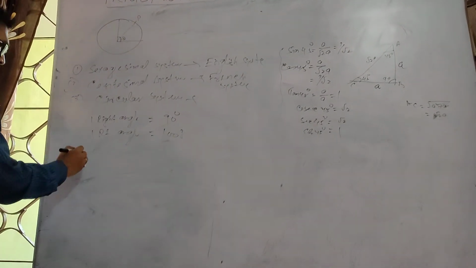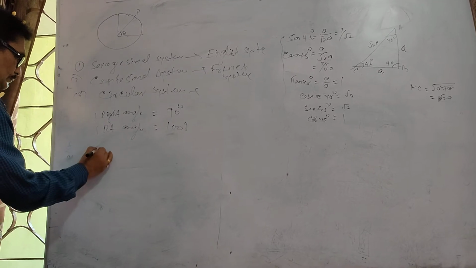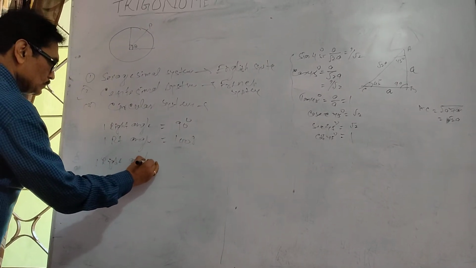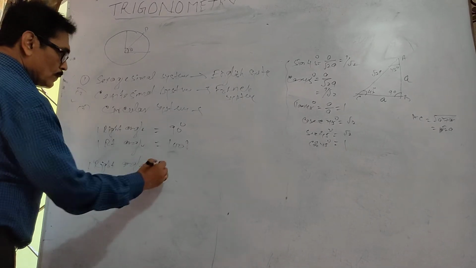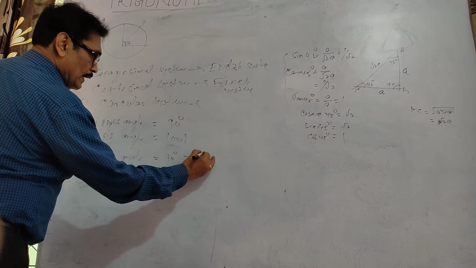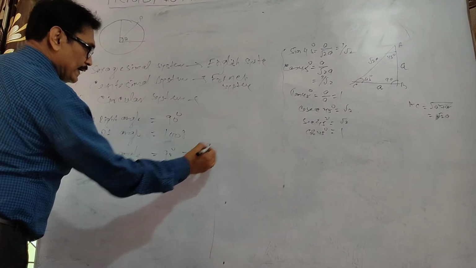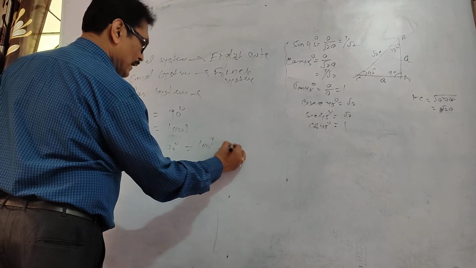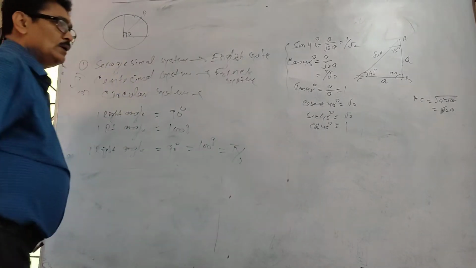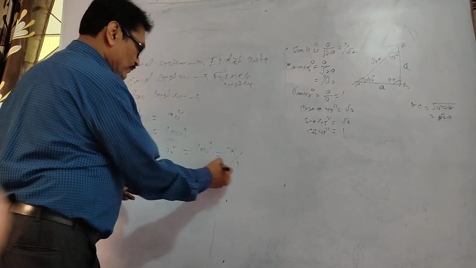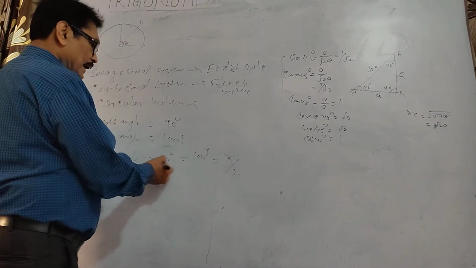So you can have one right angle equal to 90 degree, equal to 100 grade, and equal to pi by 2. In the circular system, this one is pi by 2.